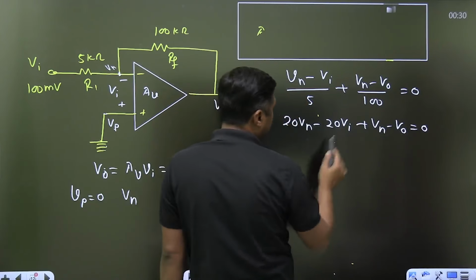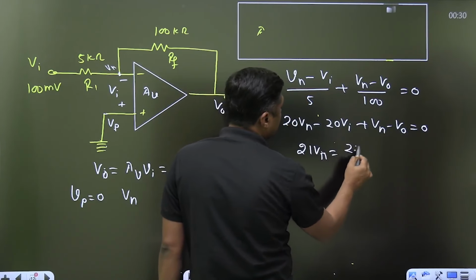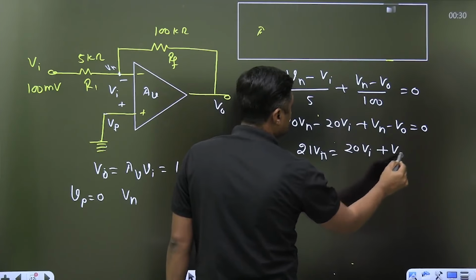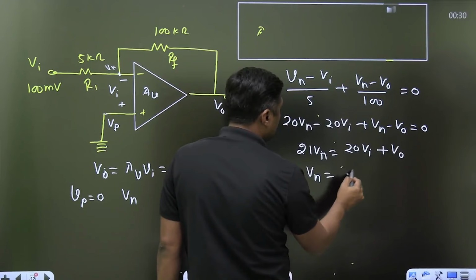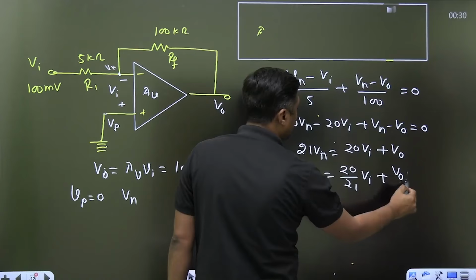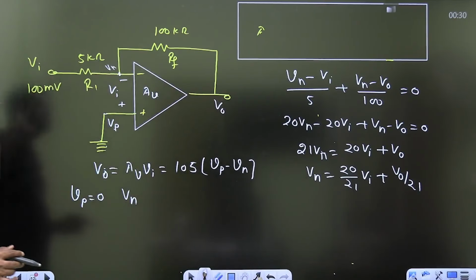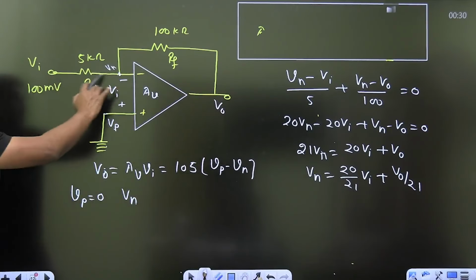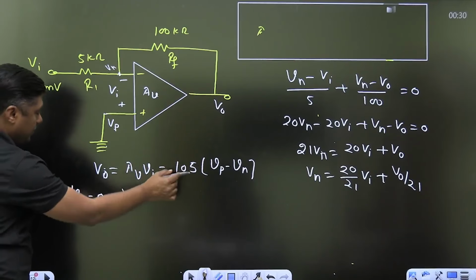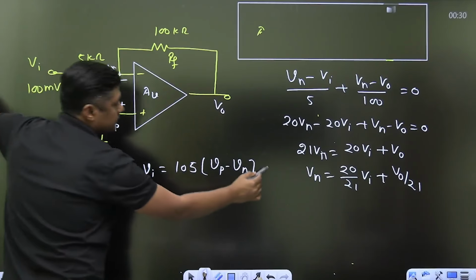Then you can find the VN, 21 VN is equal to 20 VI plus V0. What is the VN is equal to 20 by 21 into VI plus V0 upon 21. This is the value of the VN with the help of the KCL at this point. Because what is the current enter into the op-amp? 0. Now you have the value of the VN, you have the value of VP. What is the VP? 0. VN is that one. Put in equation number 1.